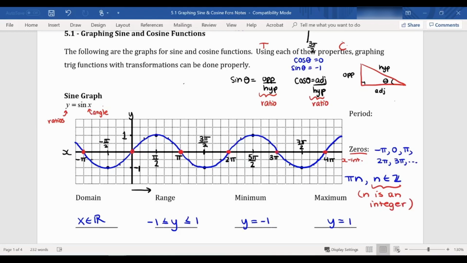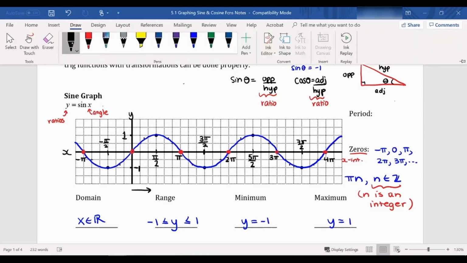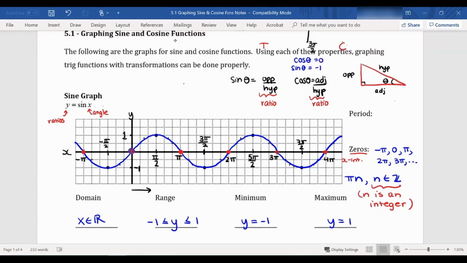All right. Now, period is basically asking us how long does it take to complete one full cycle? So if I were to start going around our curve, when would I get back to my starting point? Our starting point that we like to think of for sine is at the origin. We're at 0, 0 and we start sort of like mid curve. And so the question is, when do I get back to that same point?